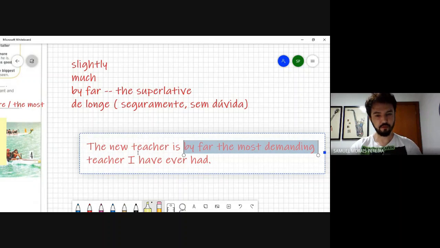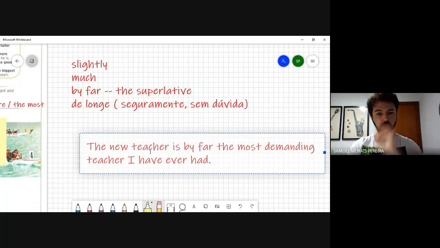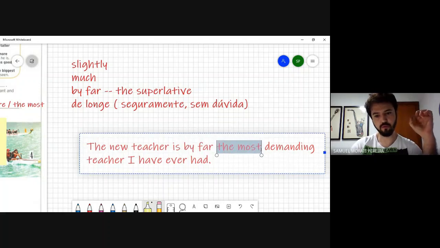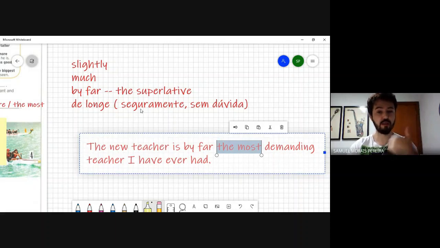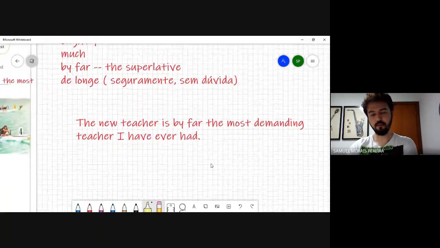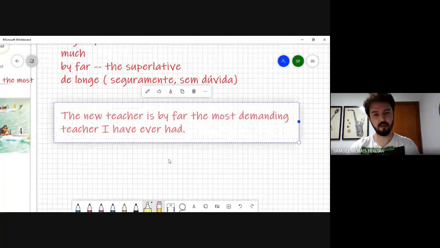A nova professora é de longe a mais exigente professora que eu já tive. A pessoa está falando assim, ó, sem dúvidas, a nova professora é a mais exigente que eu já tive. Então, esse by far, usado com o superlativo, significa indubitavelmente, certamente, seguramente ou sem dúvida. Tudo bem?